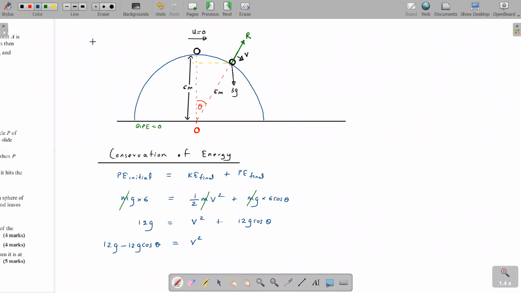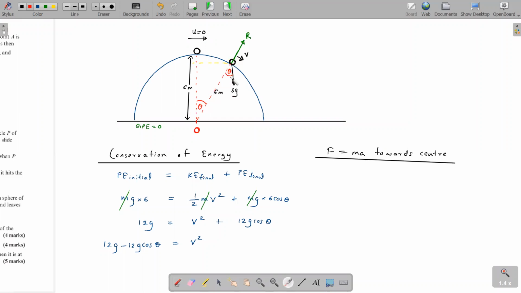All right, so now let's apply F equals ma towards the center. So what are the forces we have? You can see when it comes towards the center, the center of the circular motion, towards the O, okay? So first thing is, let me mark the angle. I can see the angle theta comes here through alternate angles, right?